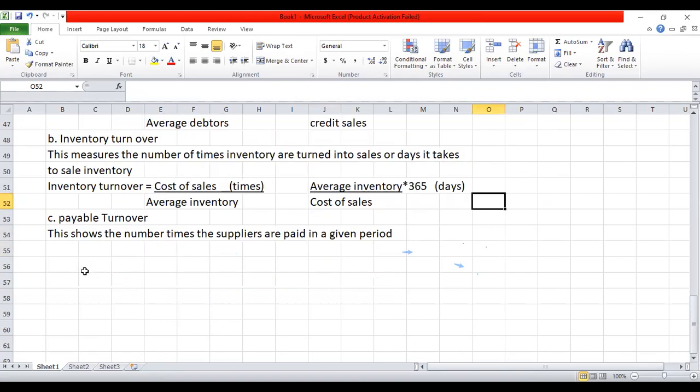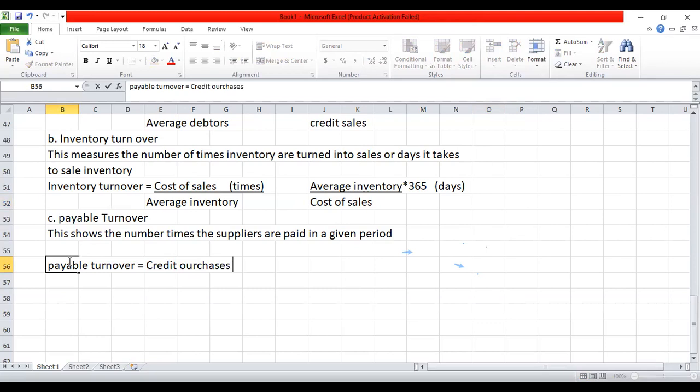Then we are looking at the payable turnover, and we said it just shows the number of times your payables are paid. So when you are computing the payable turnover, our payable turnover is equal to our credit purchases divided by average payables.